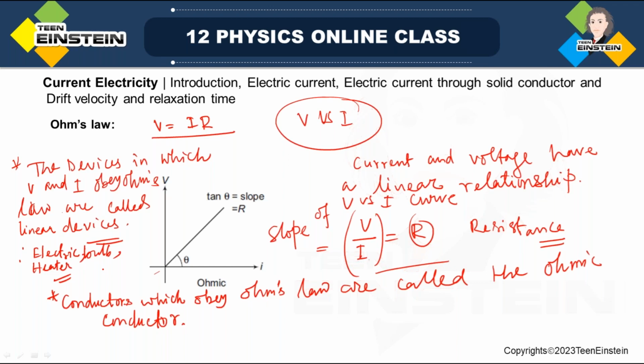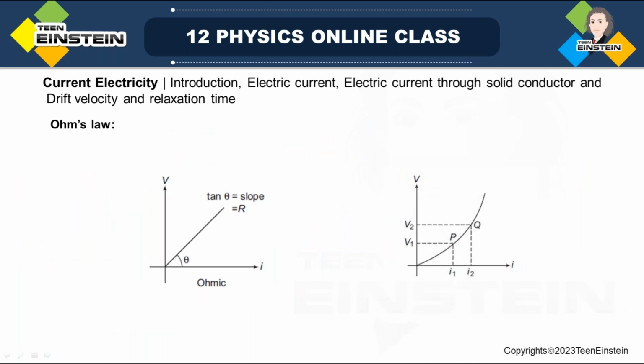But obviously we will encounter some cases where the current-voltage relationship is not linear. See, this is a parabolic relationship. The current and voltage relationship is not linear.